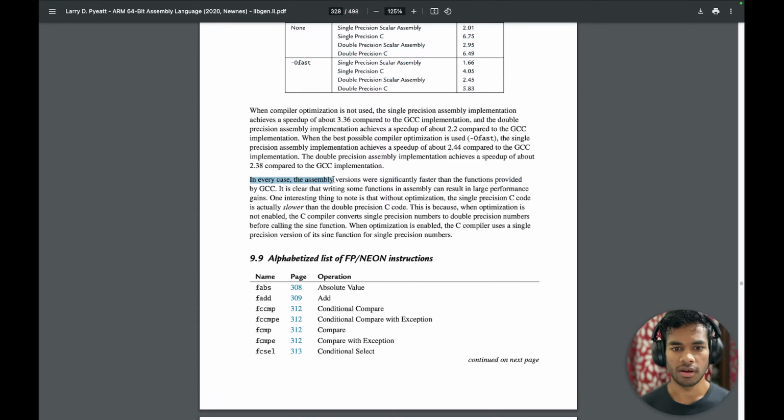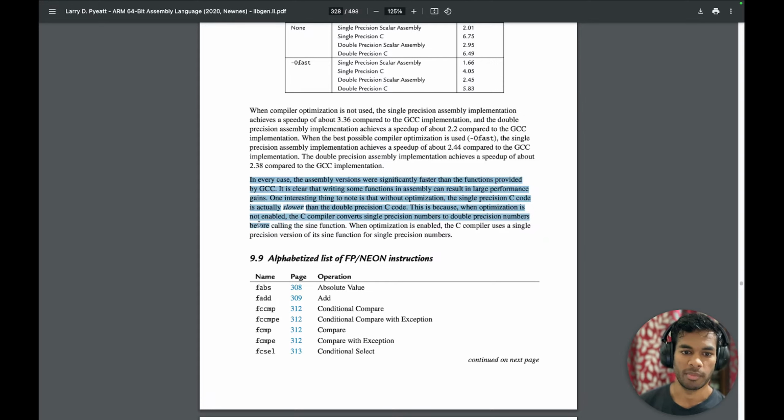Now, in every case, the assembly versions were significantly faster than the functions provided by GCC. It is clear that writing some functions in assembly can result in large performance gains. One interesting thing to note is that without optimization, the single precision C code is actually slower than the double precision code.